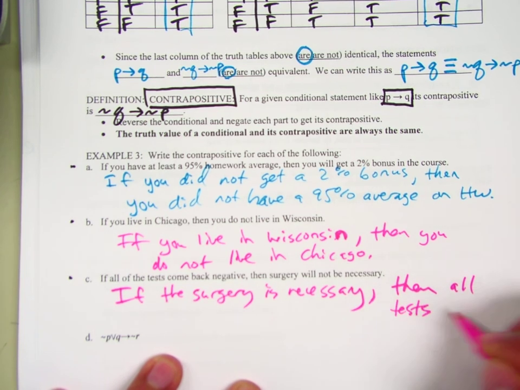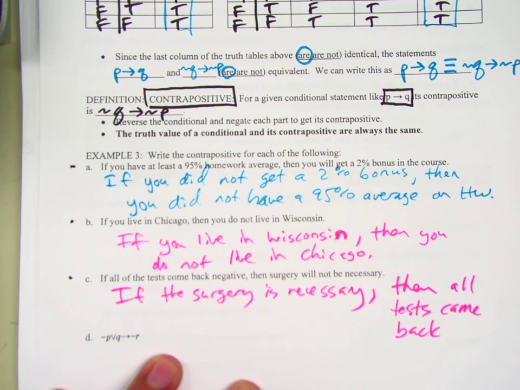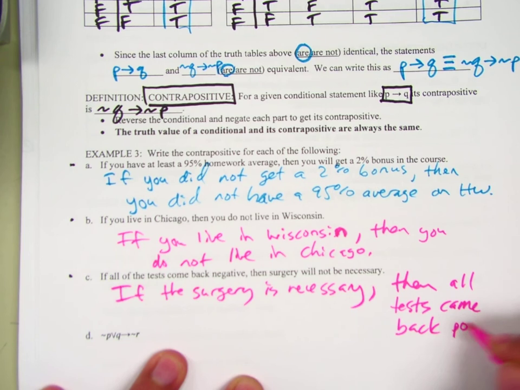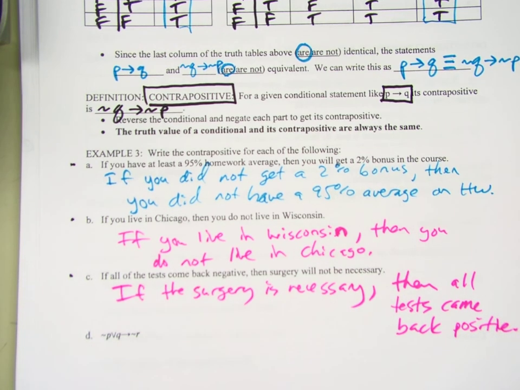All the tests came back. Well, they're already coming back negative. Oh, there we go. Flip and negate. Okay, you just got to remember that. Whenever you're asked to do the contrapositive, you flip the halves, you flip the P and the Q, and negate both parts, whatever parts are given to you.